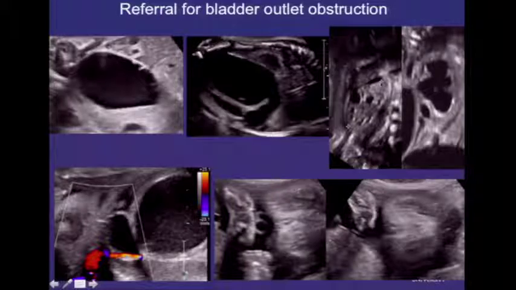The kidneys were abnormal. There was post-obstructive cystic dysplasia of one kidney and significant hydronephrosis of the other kidney. There was a two-vessel cord, and when we looked in the perineum, we did not notice a rectum. We only noticed one perineal opening.